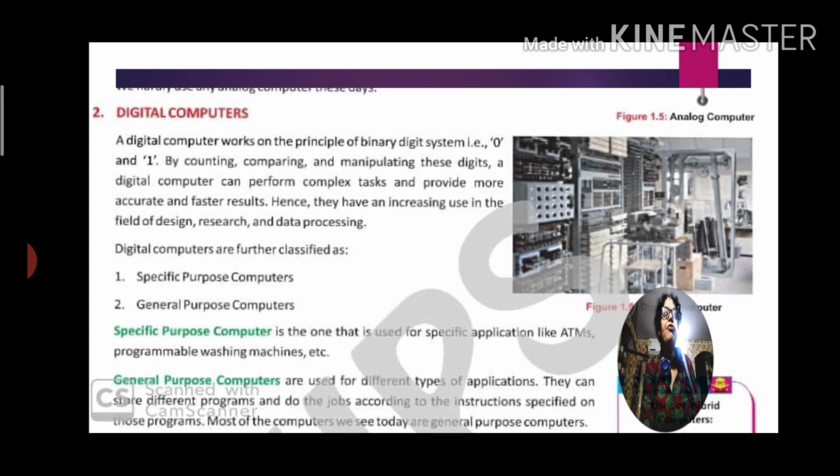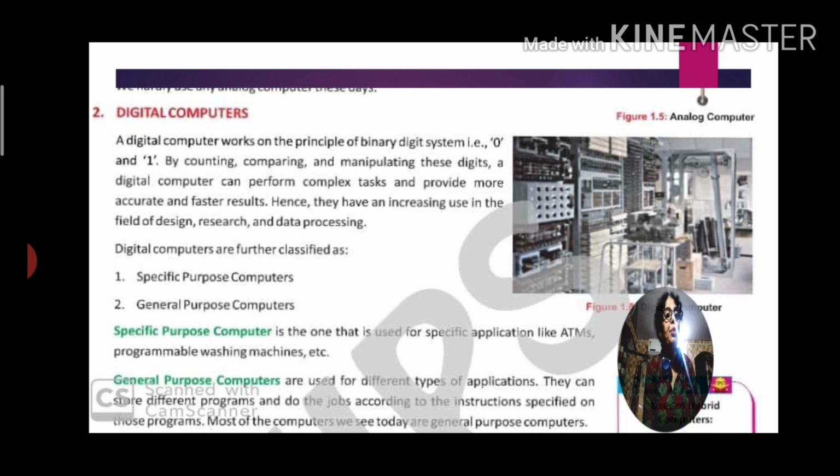Means 0 and 1. What are binary digits? Made up of 0 and 1. 0 means off of the pulse and 1 means pulse is present. Pulse means electric pulse. 1 represents that electric pulse is present and 0 represents electric pulse is absent.